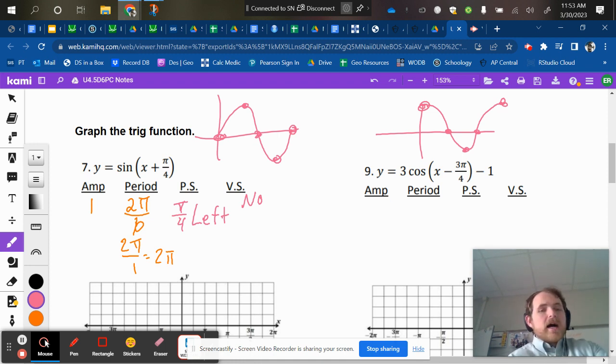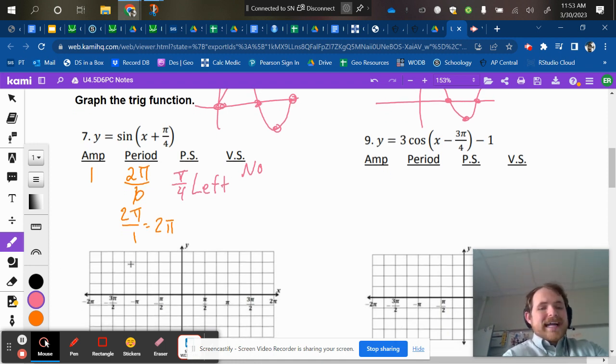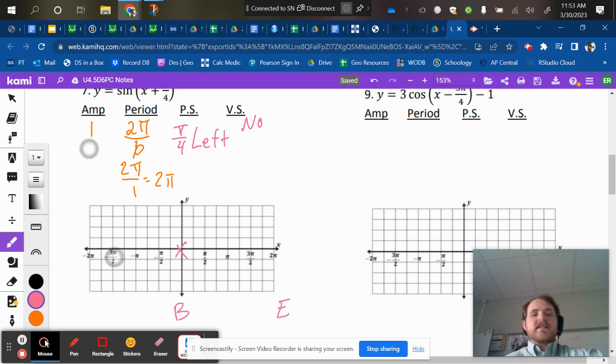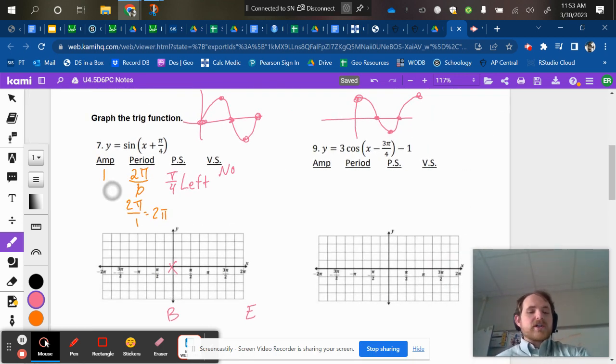Now, so I'm going to put an x at the origin. If that's my beginning, where's my end? 2 pi. Talk to your partner. Should I be above the x-axis, on the x-axis, or below the x-axis based on the picture of that parent function? What do we get? Up, on the x-axis, or below? On it. Good job.